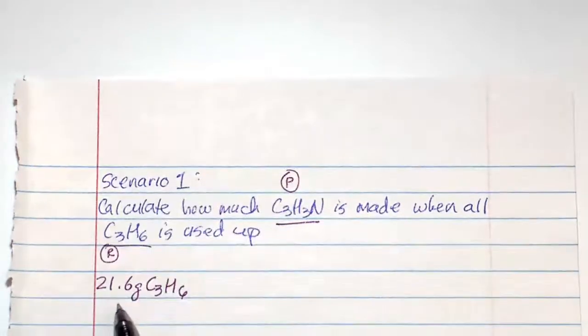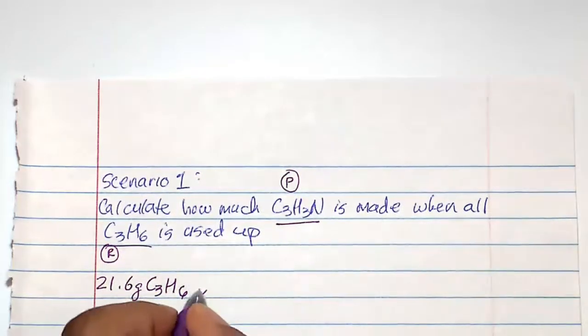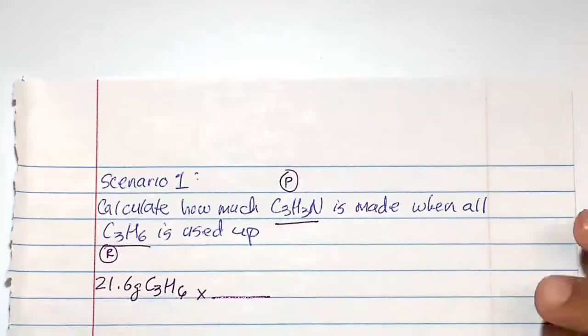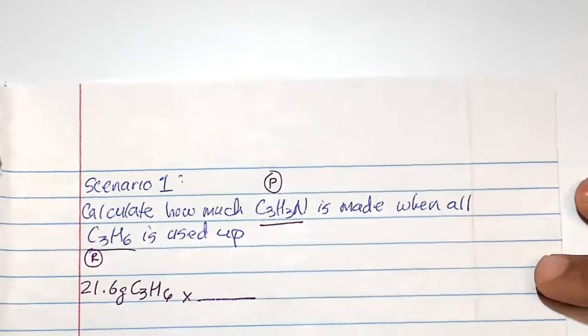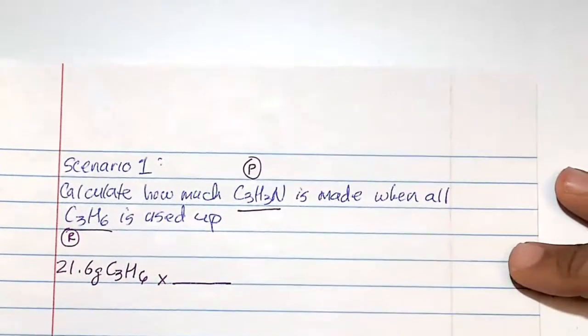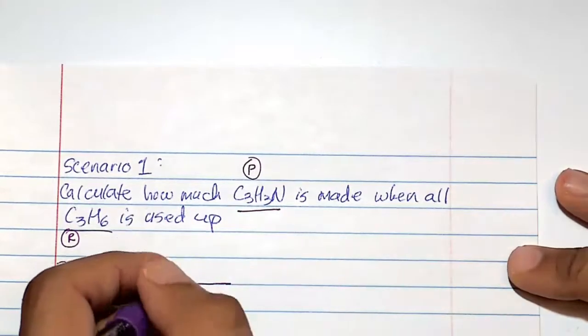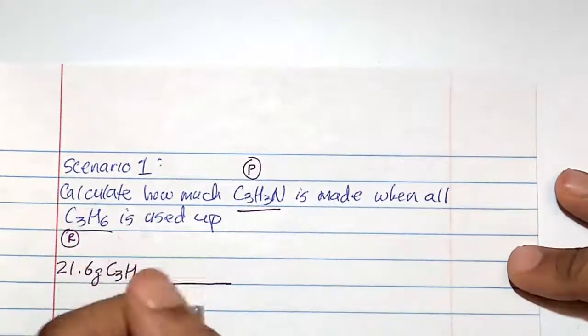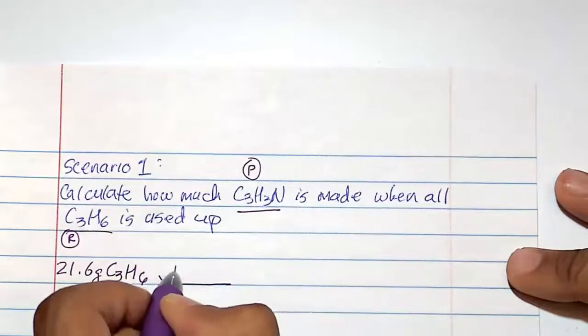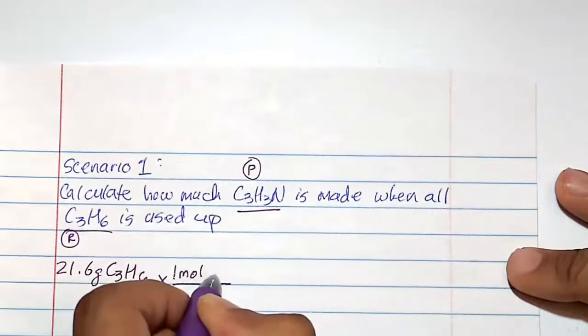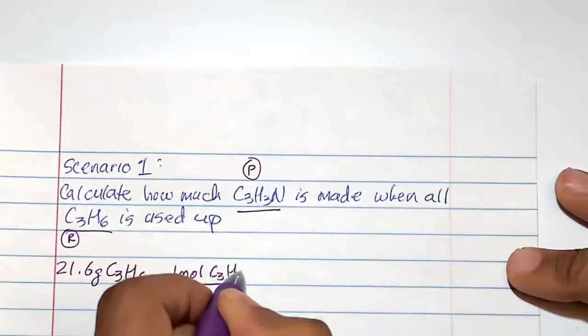So we start off with 21.6 grams of C3H6. And a good thing to do is actually just go ahead and convert it to moles. That's what you can do 99.9% of the time when you're dealing with this type of problem. Not always, but in this case, to approach this problem, we will start off with 1 mole of C3H6.